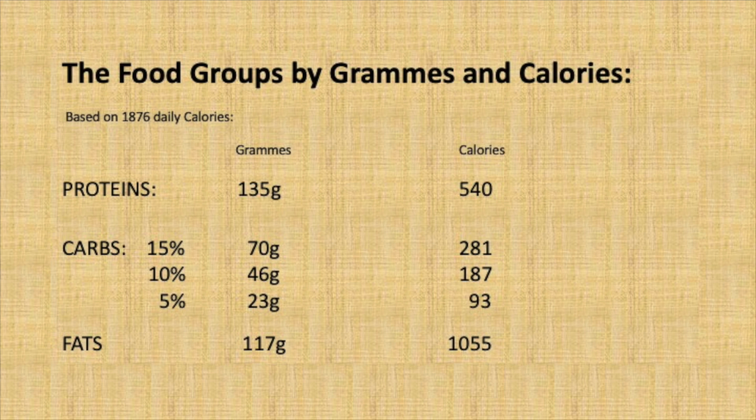From there, I've taken my 1876 calories, and I want to work out how much of those I'm going to allocate to the food groups of protein, carbs and fats per day. I first calculated my protein, and that gave me a total calorie for protein of 540 calories, which is 135 grams of protein. That's based on 1.5 grams per kilogram of body weight.